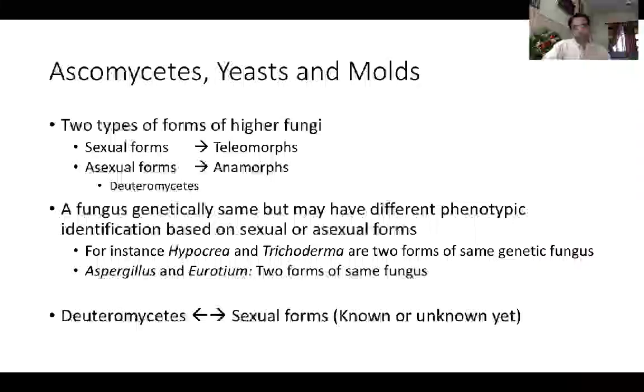So Deuteromycetes contain the fungi for which sexual forms may or may not be known. This is very important to know, that all the members of Deuteromycetes are basically anamorphs. Some anamorphs have their teleomorphs known, but some may not be known till now.